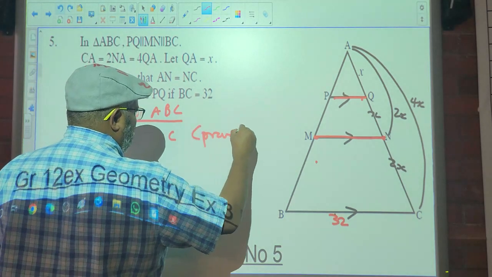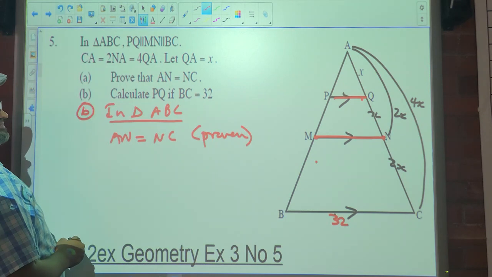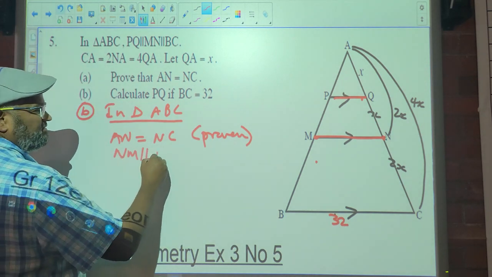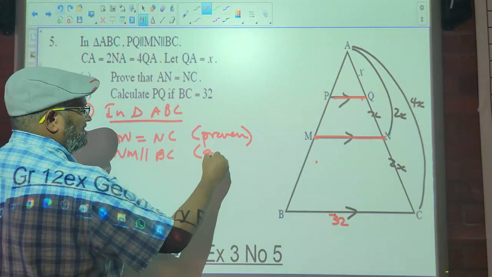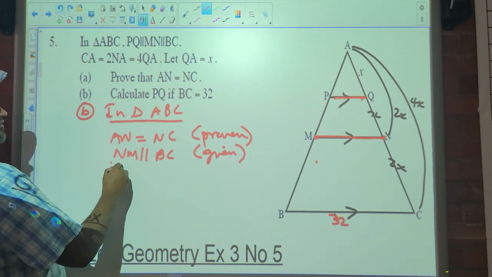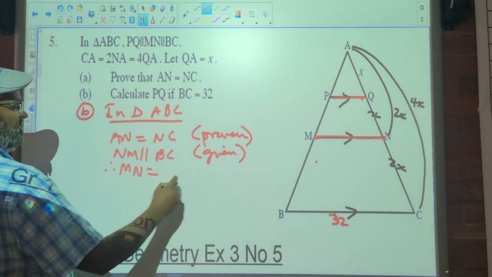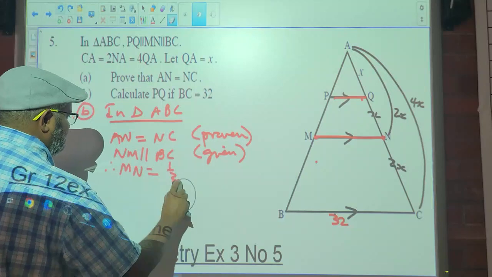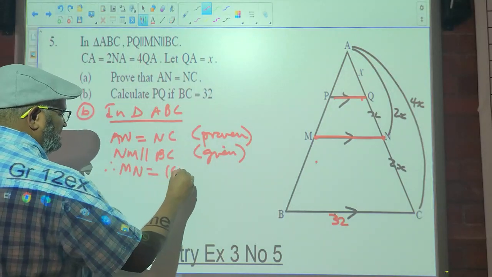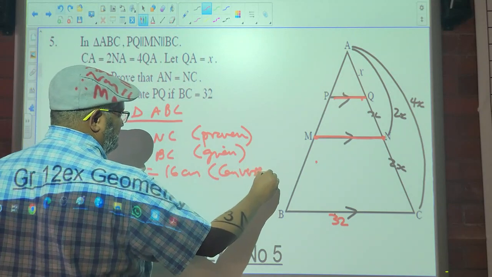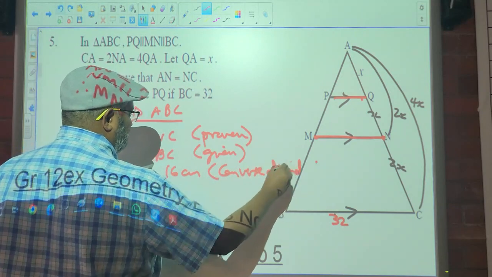And then we know that NM is parallel to BC, given. So therefore, MN is going to be half of 32, which is 16. Why? Converse of midpoint theorem.